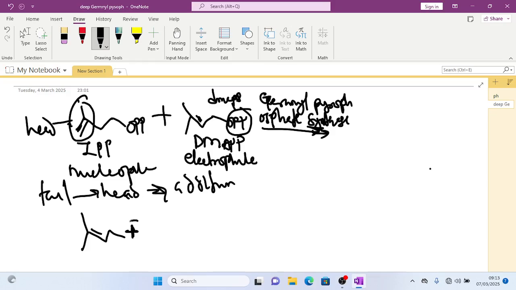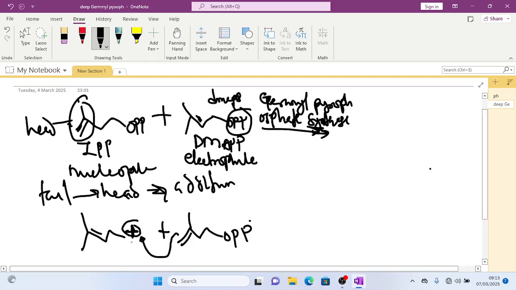So this cation is going to combine with the head of isopentenyl pyrophosphate. Okay, so what happens is that this negative charge here will be attracted to this positive charge here.